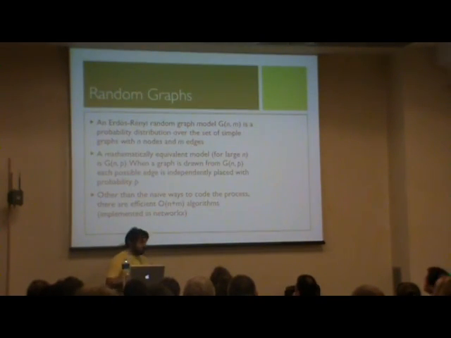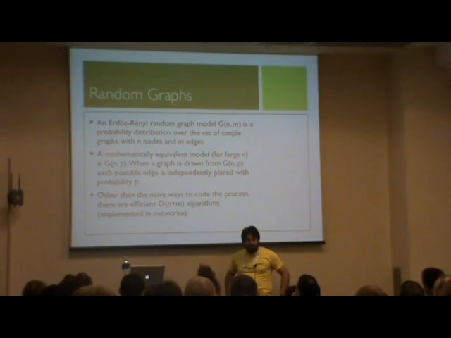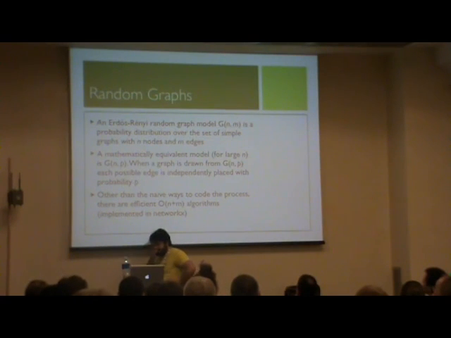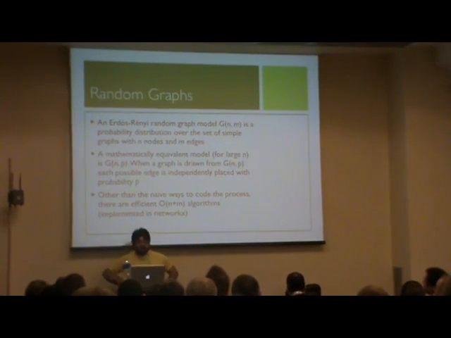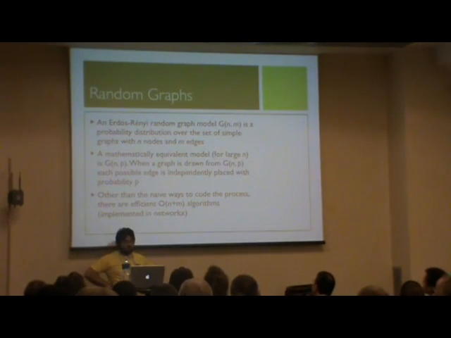Not all social networks are really power-law networks. In fact, this is an older model which was not developed to explain social networks. It was just a mathematical toy by those two guys, Erdős and Rényi. Okay? And this is the model.